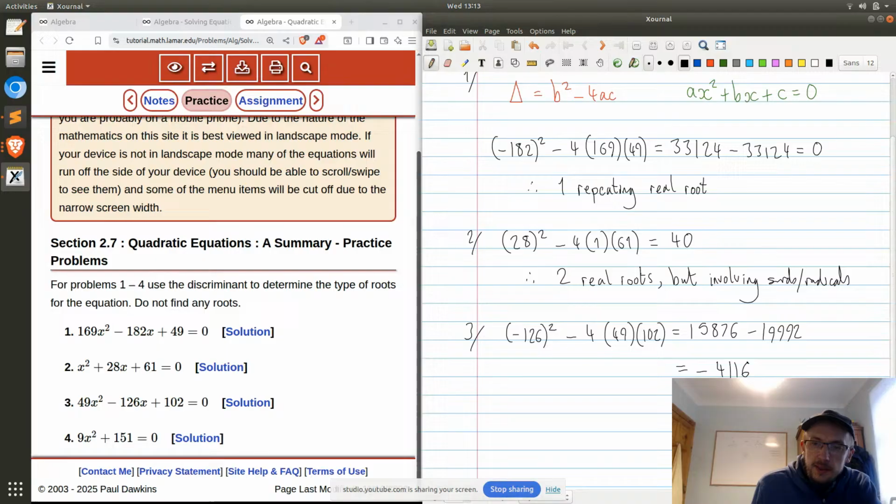No, it's not. So two complex conjugate roots. How about that? With surds.